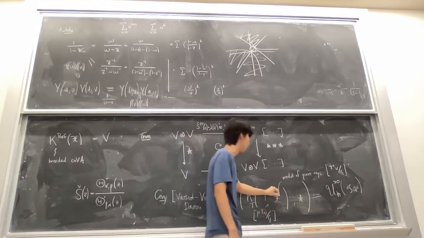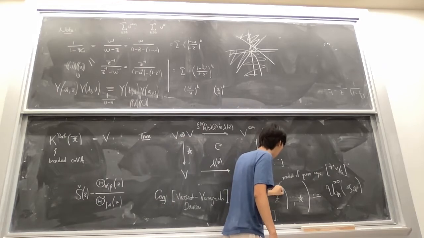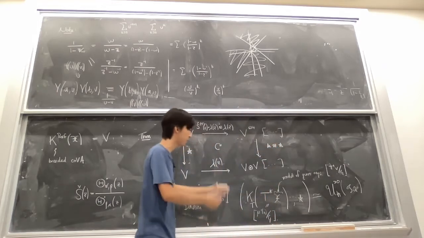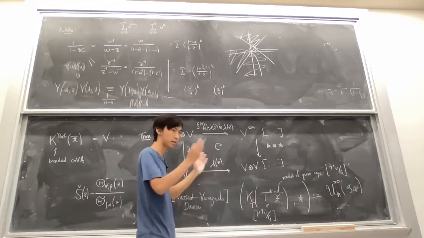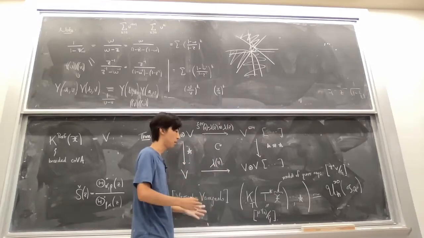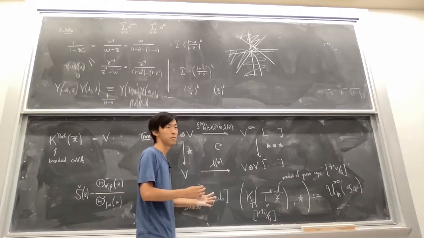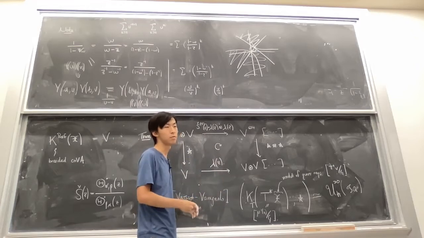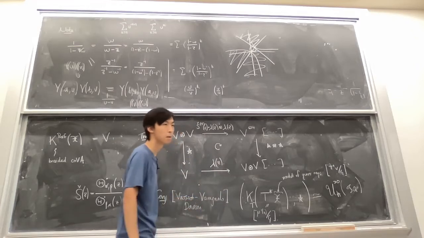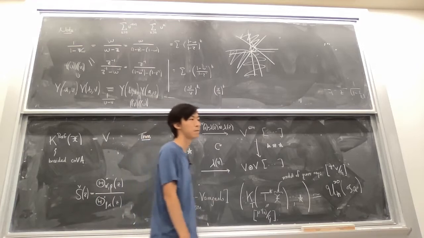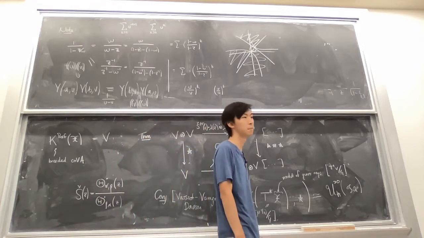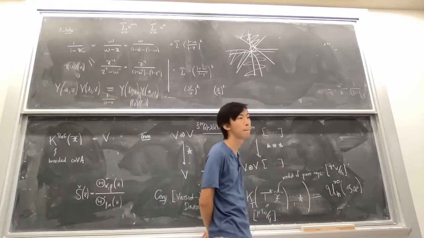X is the moduli space of quiver representations. This is called the pre-projective moduli of the pre-projective algebra associated to the quiver, also unframed.